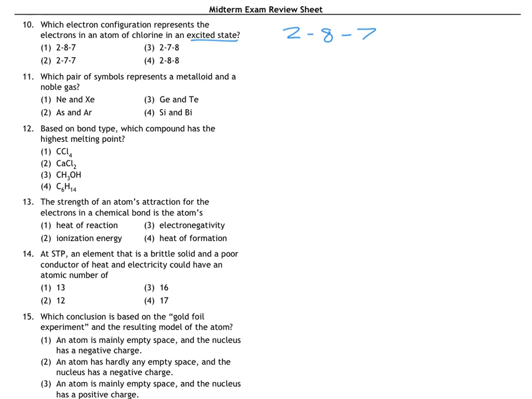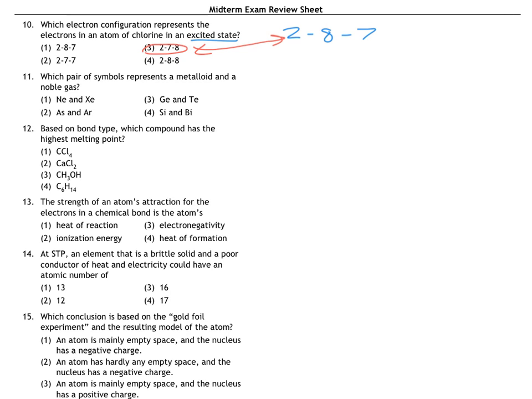So what I can see right away is that this one looks eligible. And my reasoning for that is it has the same number of electrons. 2 plus 7 plus 8 is 17, and 2 plus 8 plus 7 is 17. So they have the same number of electrons, but this one in number 3 has an electron above where it needs to be.